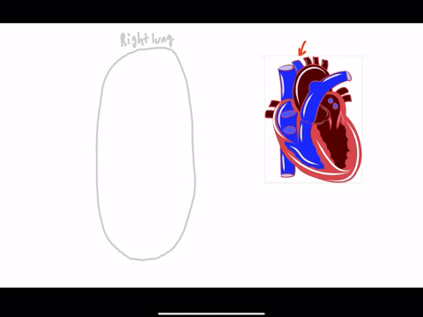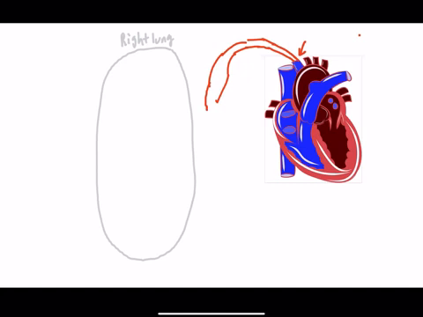We want small blood vessels that don't have a thick outer layer, so we can increase the rate of diffusion near the lungs. So the pulmonary artery will start to branch into smaller blood vessels called arterioles.